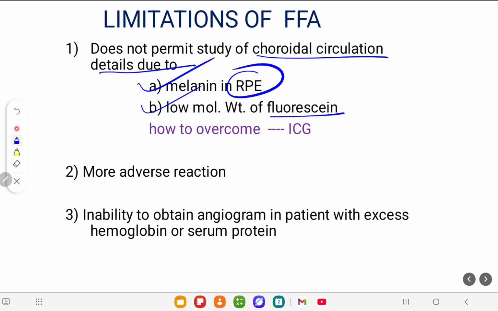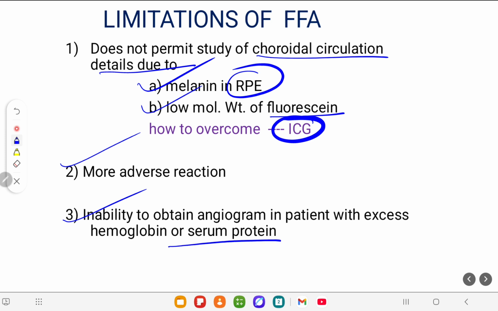To overcome this, we use indocyanine green angiography. I will discuss it in the next video. There are also adverse reactions: fluorescein definitely can cause adverse reactions, and angiography cannot be obtained in patients with excessive hemoglobin or serum protein, and there are other complications.